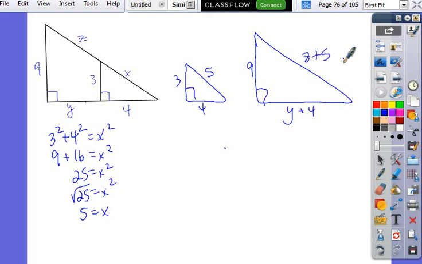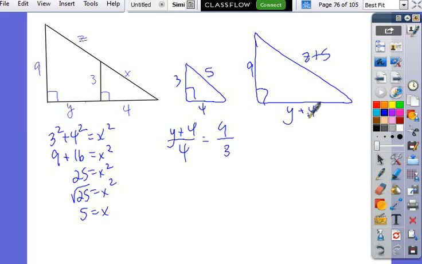How would I set it up to solve for y? Y plus 4 over 4. For that one, we still do the big to the little. It doesn't matter. Either one works. So if I do y plus 4 over 4, then I do 9 over 3.